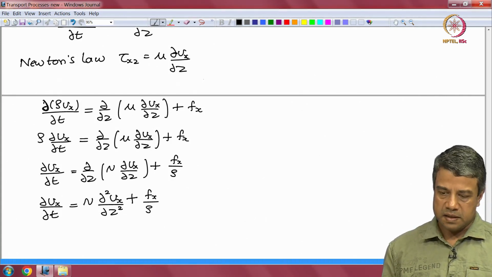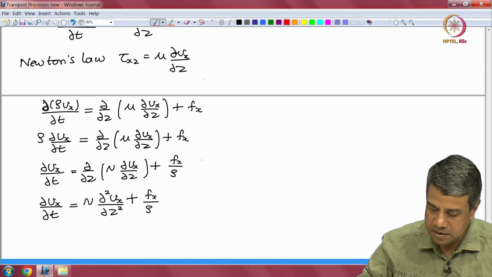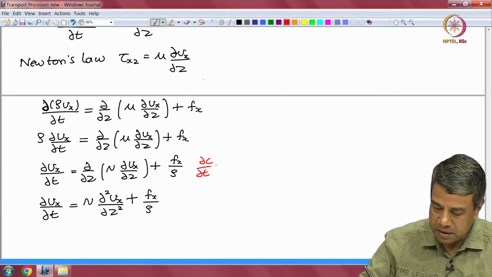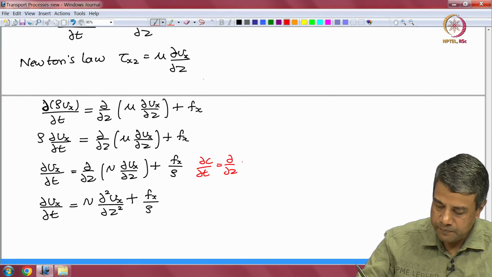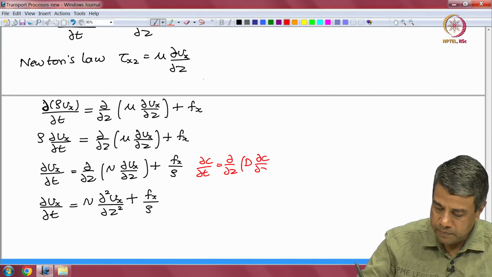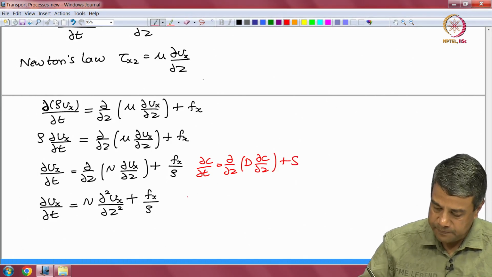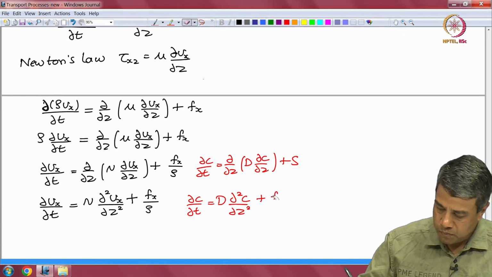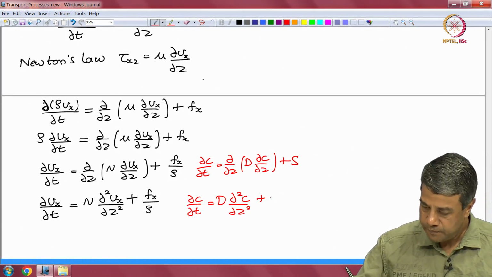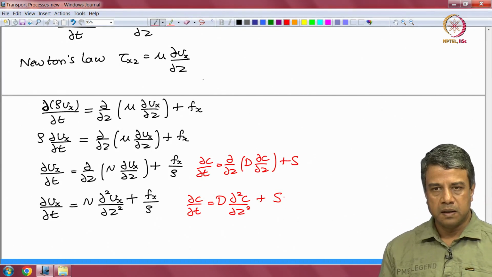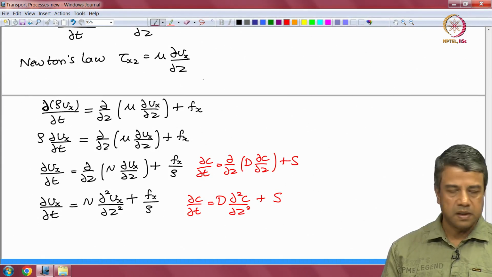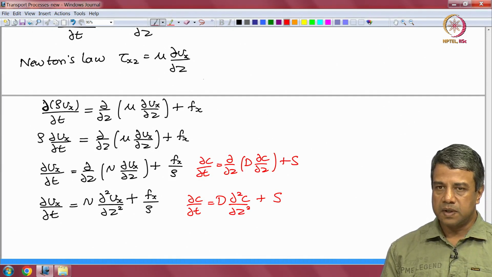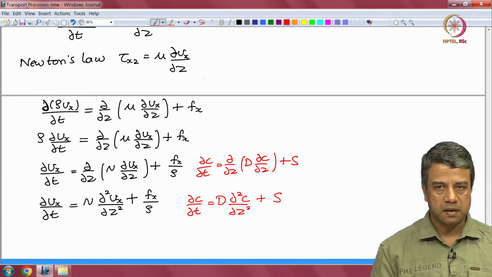And once again you see that these are exactly the same as the concentration equations that I had, partial C by partial t is equal to, plus S. So, the mass, momentum and energy conservation equations have the exact same form when they are expressed in terms of the diffusivities.